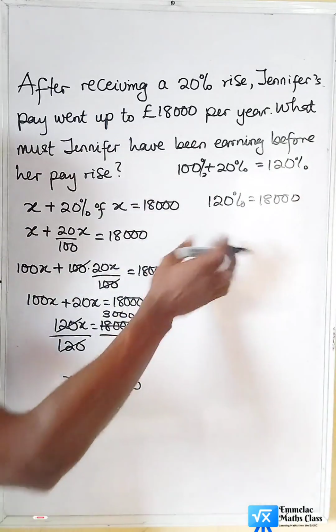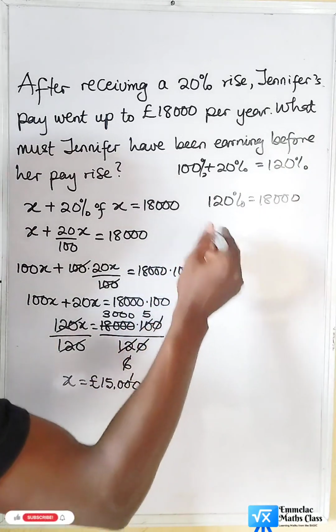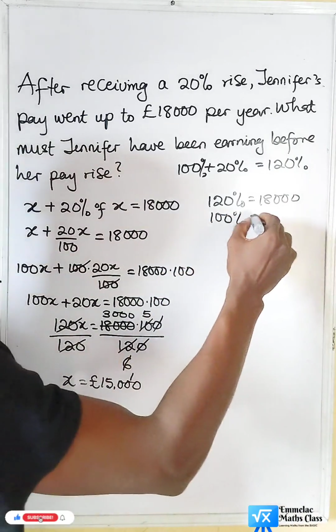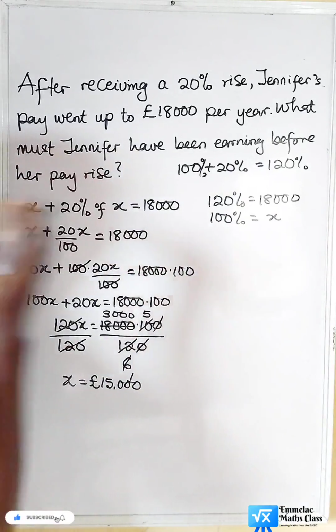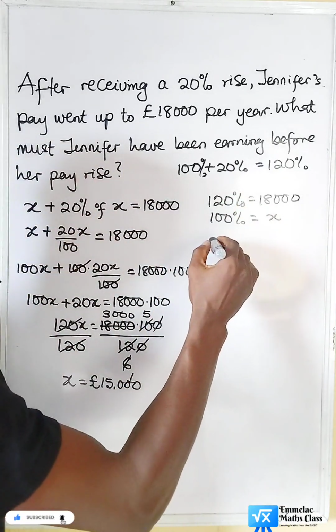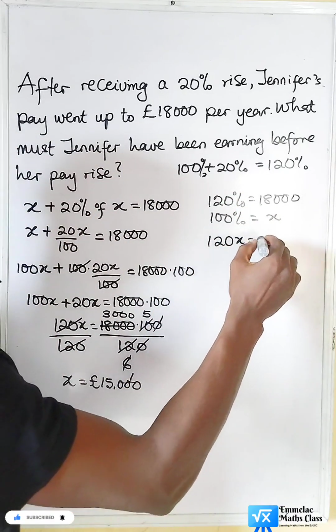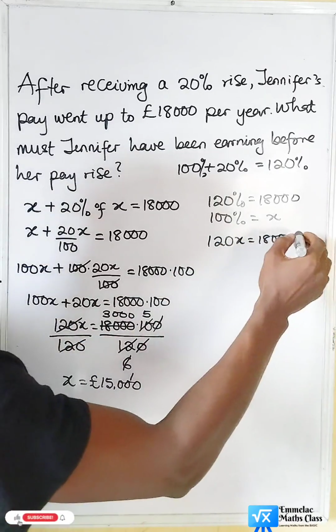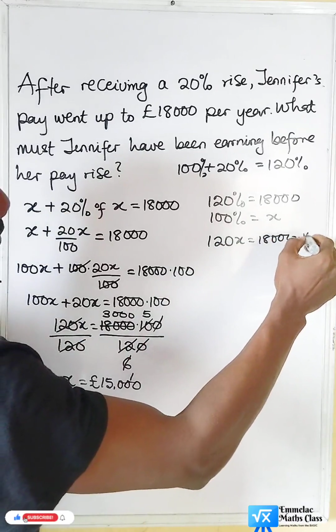If 120% gives us 18,000, what will 100%, which is the initial, be? When we cross multiply here, we end up having 120X equals 18,000 times 100.